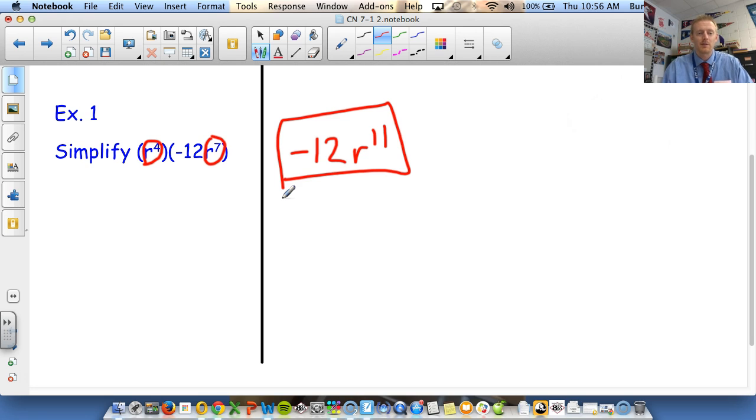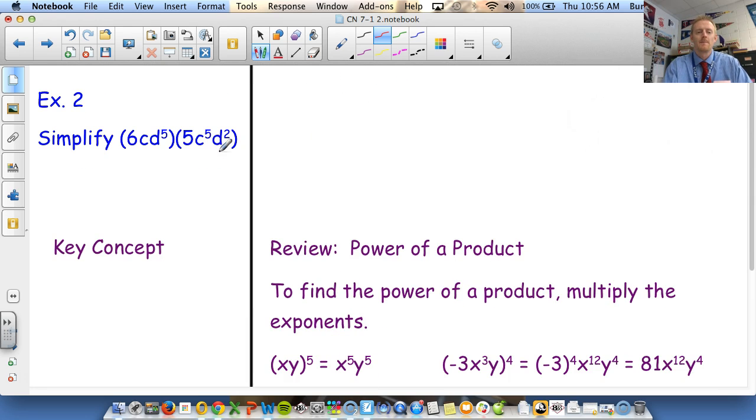Kind of similar to us with the combining like terms, but also similar to like distributing, because we're looking at the r going with the other r. All right, let's try another example. Example number 2. Again, what we just talked about, we're going to put together the things that go together. So the coefficients, 6 times 5 makes a 30.